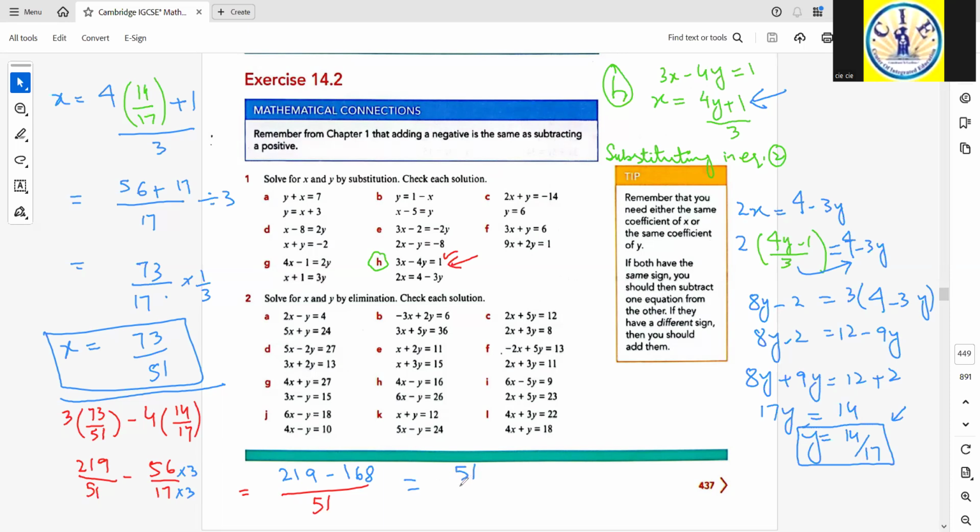That is 51 divided by 51. That can be cancelled out. So the answer is 1. Yes, equal to the right hand side of this. So that means our answer is correct. So this is how we solve them.